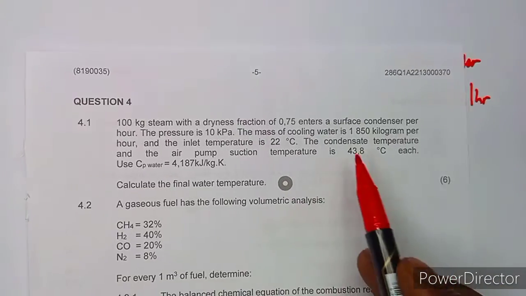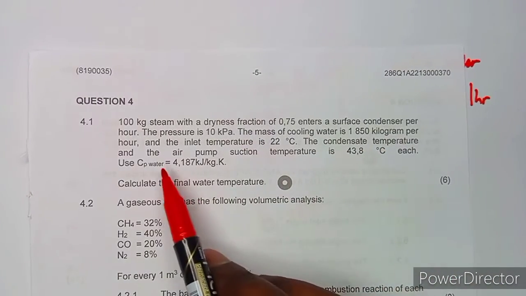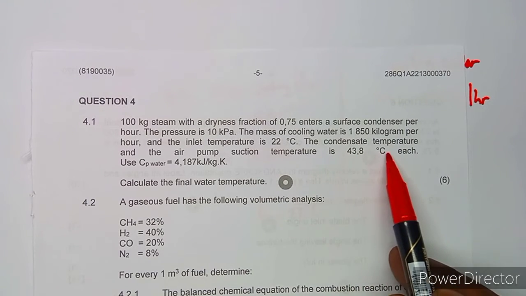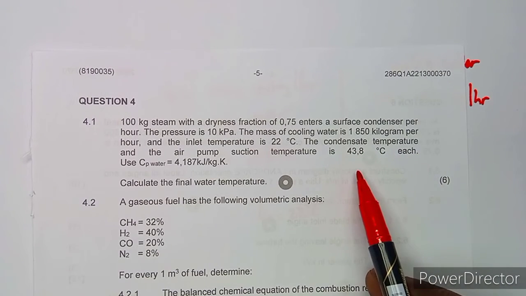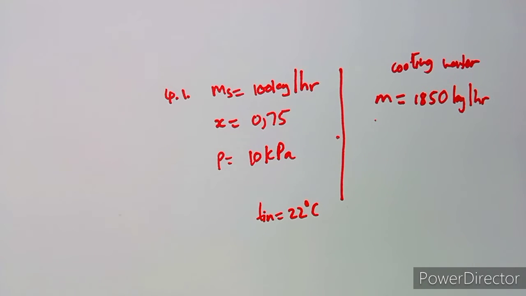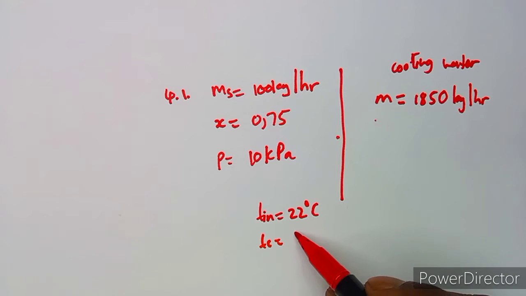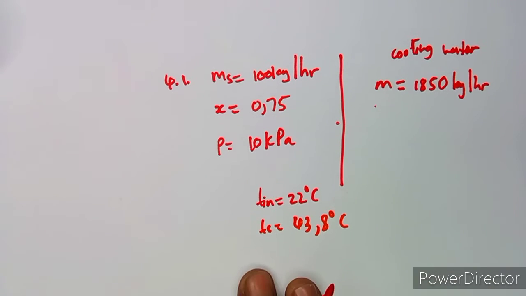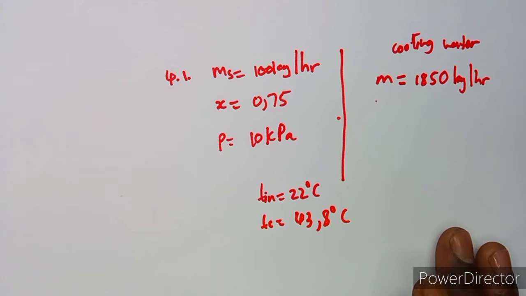Okay, the condensate temperature and the air pump suction temperature are the same, which means the condensate and the air suction pump just have the same temperature, which is 43.8 degrees Celsius, and I think that's what we have in this case.